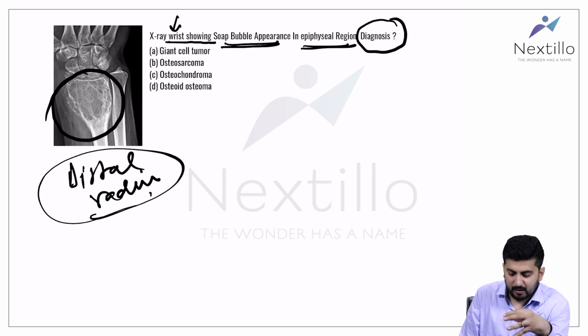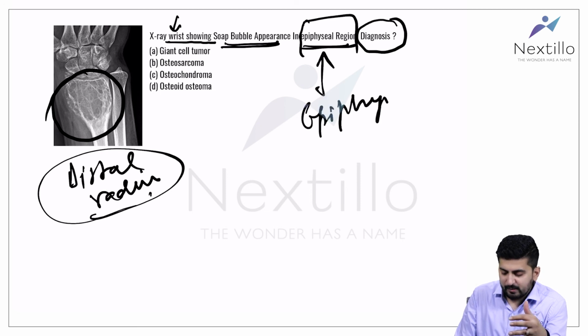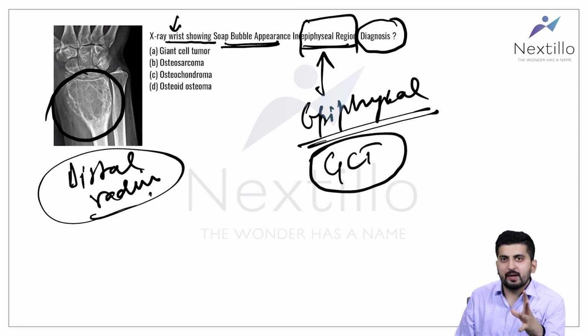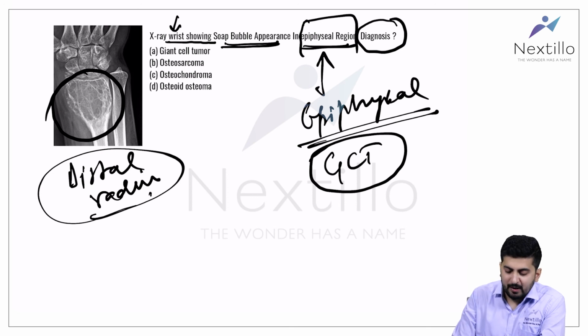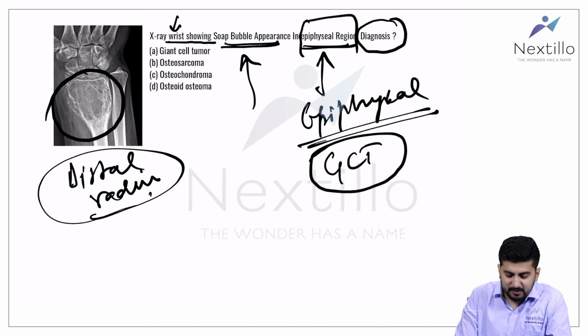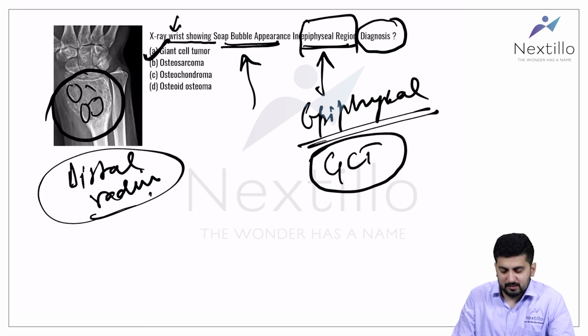Also, this is an epiphyseal lesion. Epiphyseal lesions are commonly giant cell tumors, particularly in the region of the distal radius. Now, the third hint towards the diagnosis is this soap bubble appearance seen in this X-ray, and all these point towards the giant cell tumor, which is the right answer.